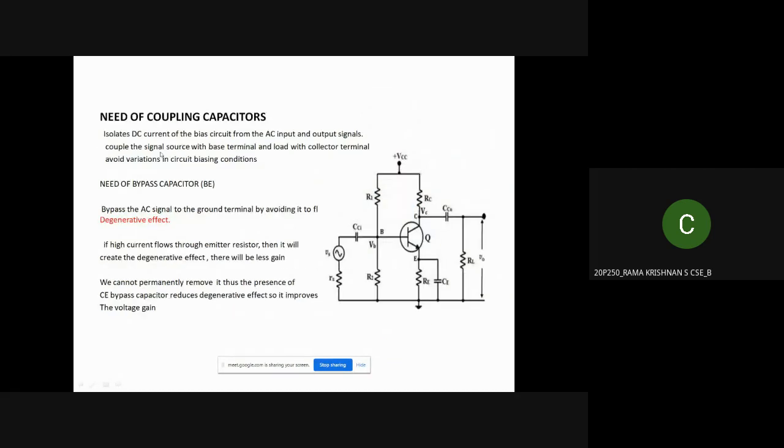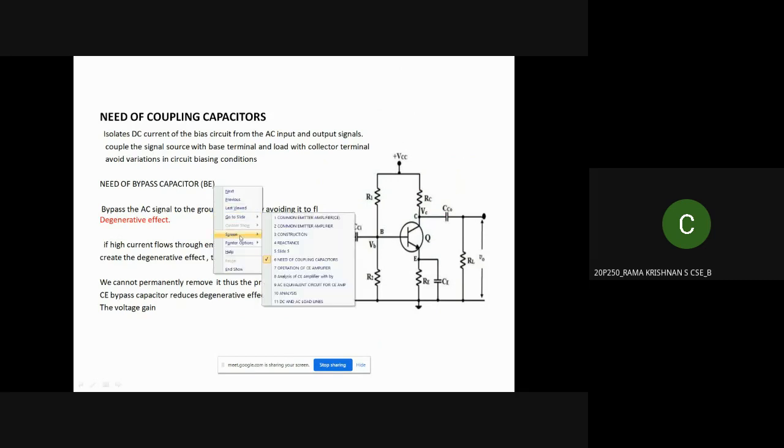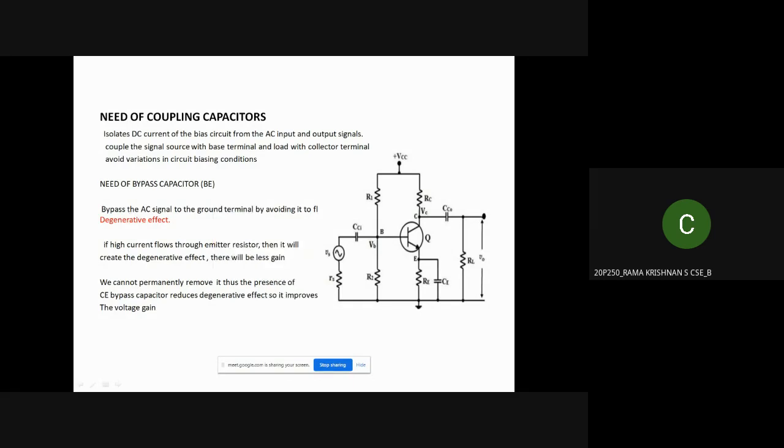We'll be discussing a little more in depth about why the bypass capacitor is actually implemented in this circuit. What it does is bypass the AC signal to the ground terminal, avoiding the degenerative effect.